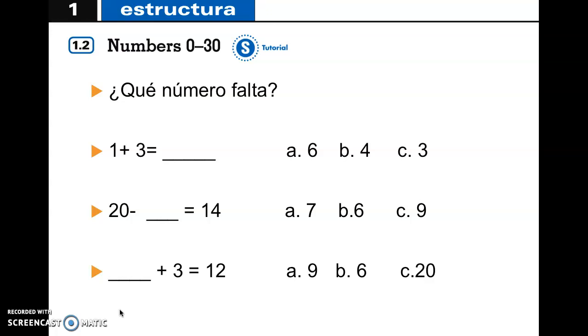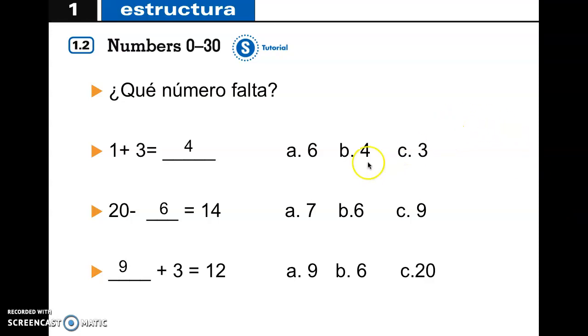Are you ready? 1 más 3 es, this one over here is más, plus. 1 más 3 es, ¿qué? 20 menos, this is minus, 20 menos ¿qué? Son 14. ¿Y qué más 3 son 12? If this was your answer, you're good.